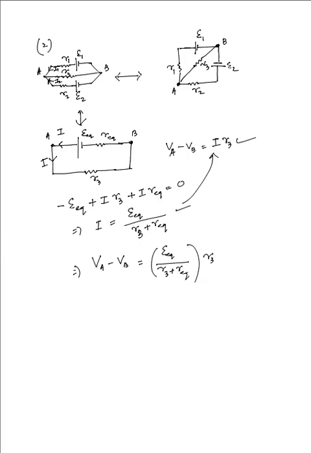Now E equivalent, as we have determined already from the previous circuit, is simply E1 by R1 plus E2 by R2 whole divided by 1 by R1 plus 1 by R2. This was the value of E equivalent.